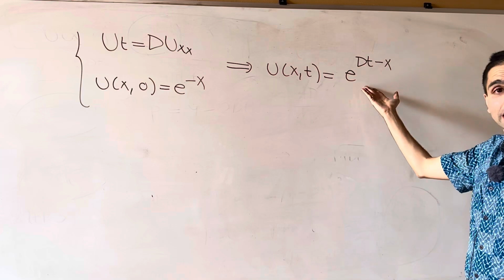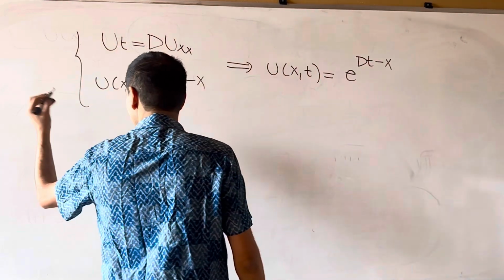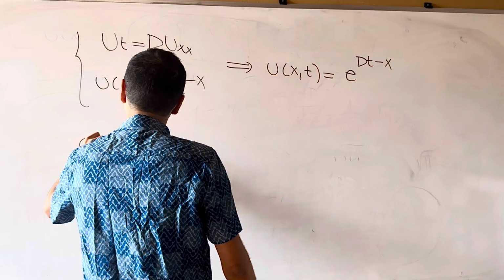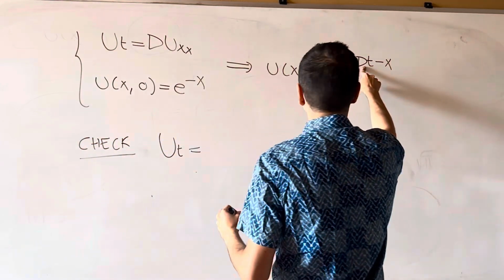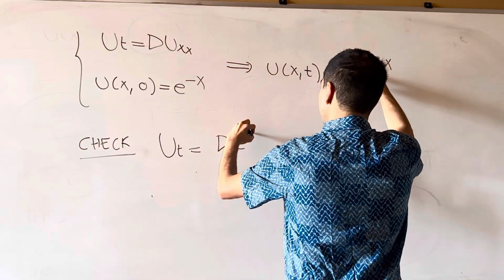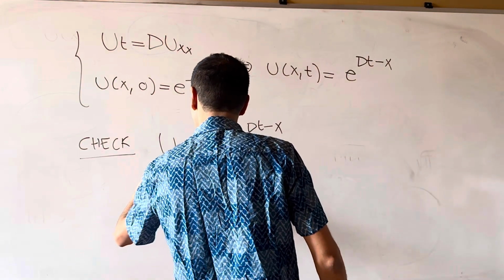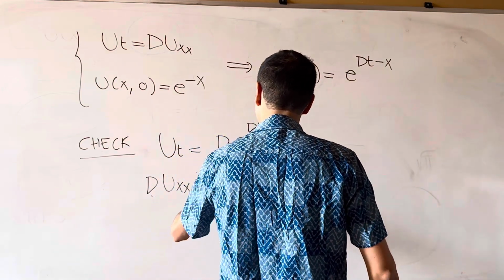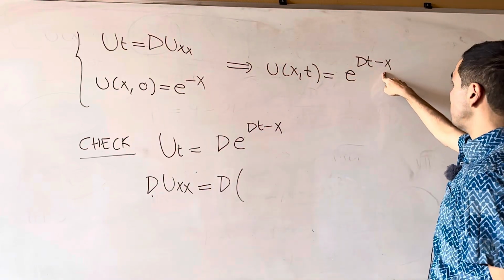In fact, it's so easy, we can even plug in to check if this works. So this is kind of optional. But if you calculate u_t by the chain rule, a d comes out: d e^(dt - x). And then d u_xx, that becomes d, and then you differentiate this with respect to x.